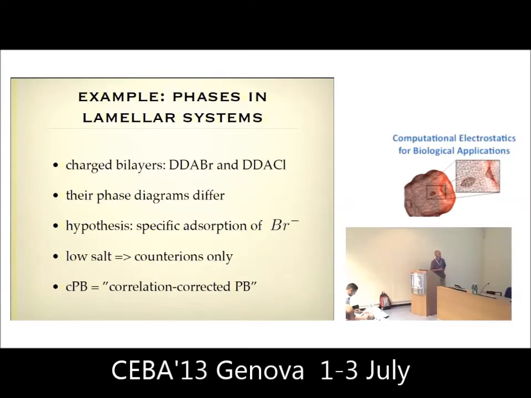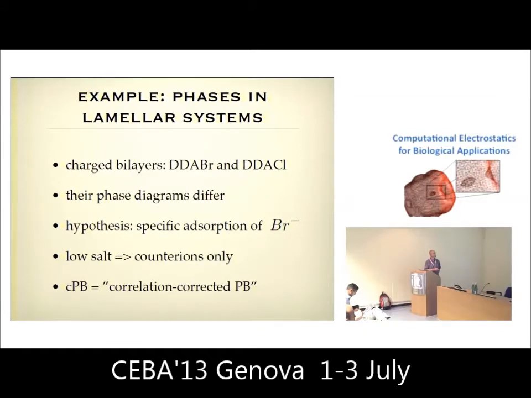So as a first example, we considered maybe 7 years ago the phase behavior of two different kinds of bilayer systems. This is an amphiphilic molecule, which is positively charged, and this part is then the counterion to this amphiphile.